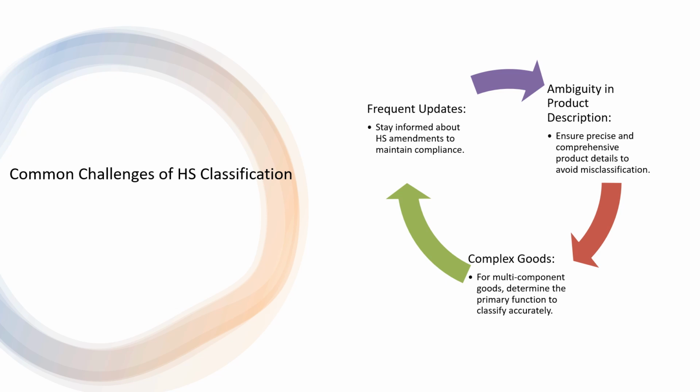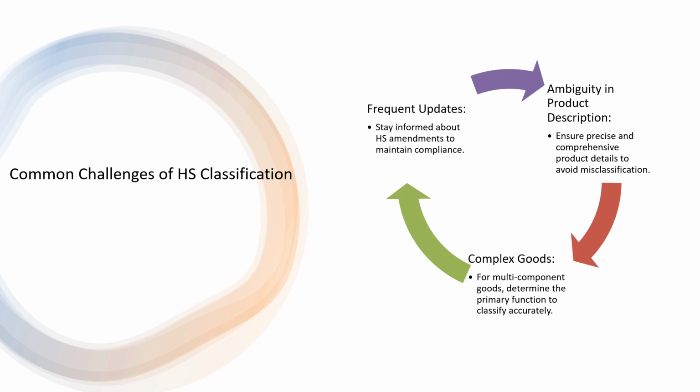I'm sure you have found it very challenging to classify, and do not feel like you're alone in the world. There are a lot of challenges in HS classification. For example, sometimes there's a lot of ambiguity in the product description. Like, what is this product itself? Or maybe how you want to define the product. Also, how complex is this good? Is it a multi-use product?